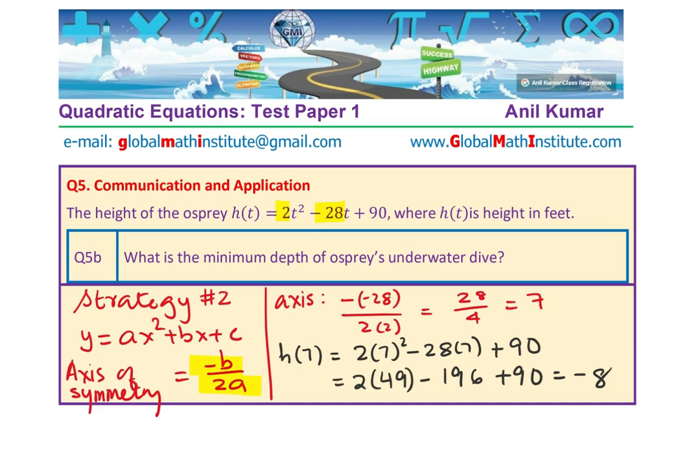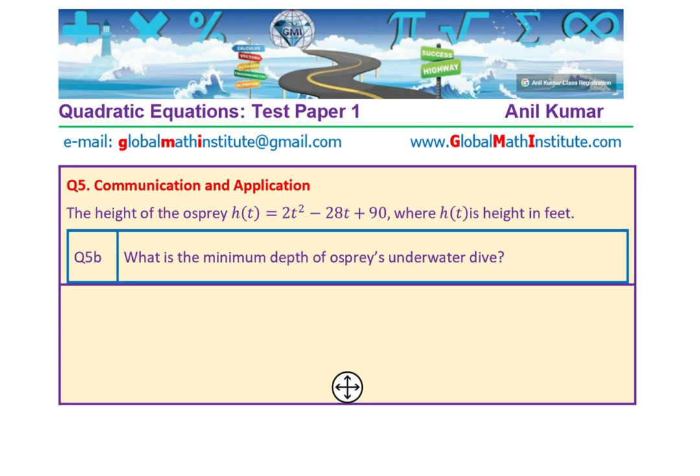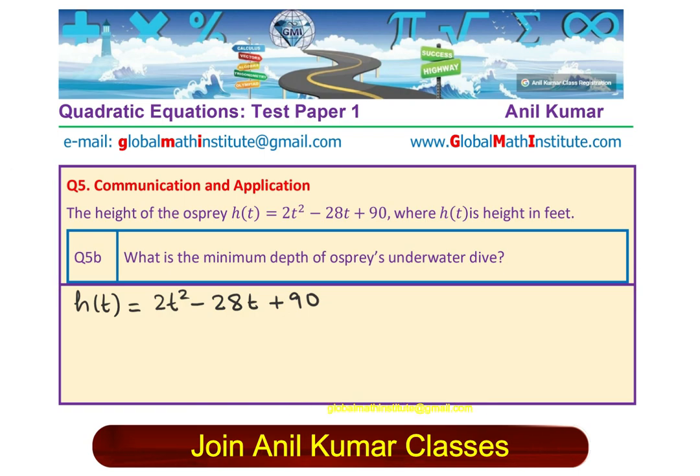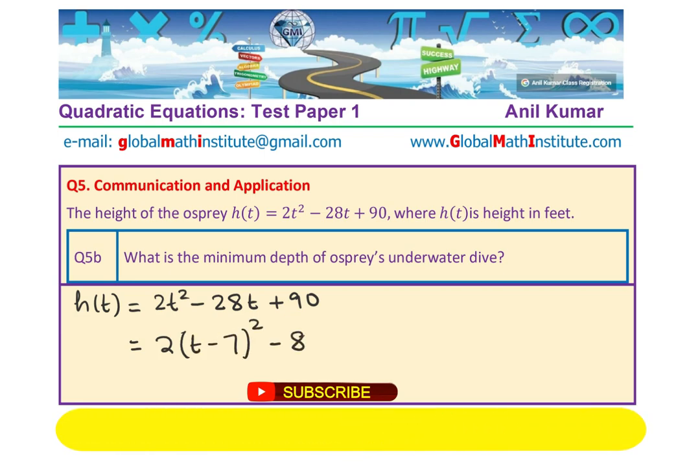Perfect. So now, to understand the equation as a whole, this particular function, h of t equals 2t squared minus 28t plus 90, can be written in the vertex form, which we just simplified as 2 times (t minus 7) whole squared minus 8.